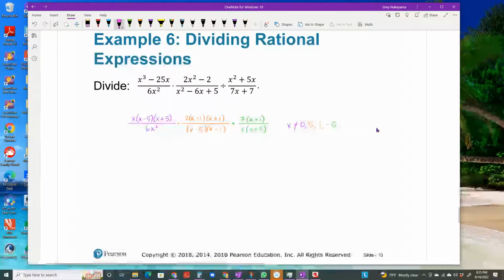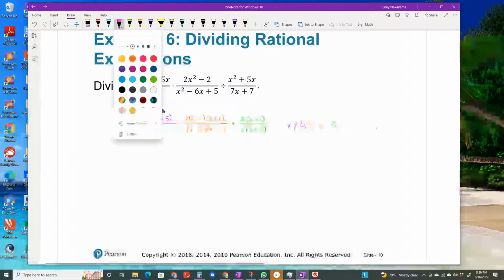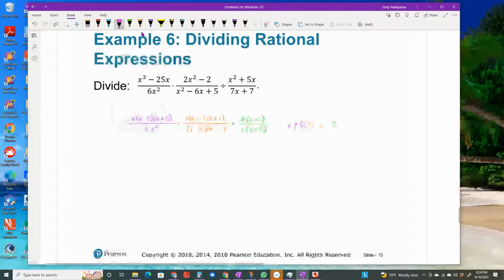Okay, so what do I have that's in the top and the bottom? I have an x here and an x there. I have an x minus 5 and an x minus 5. I have an x plus 5 and an x plus 5. x minus 1, x minus 1, x plus 1, x plus 1.